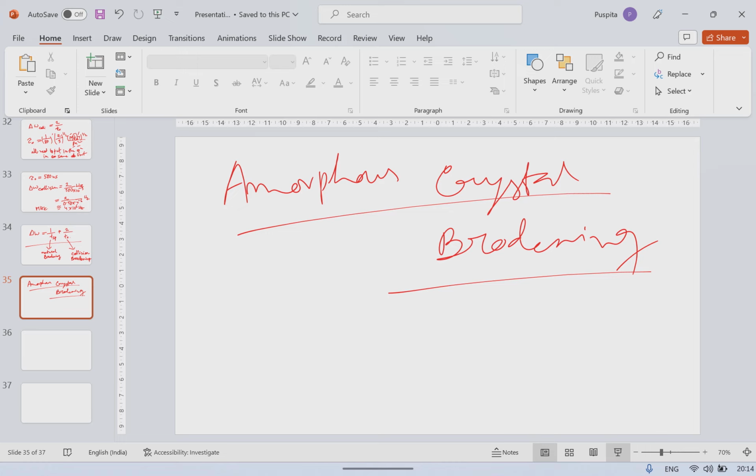These correspond to different energy levels of the excited state and various radiating frequencies from different regions. So this gives rise to amorphous crystal broadening.